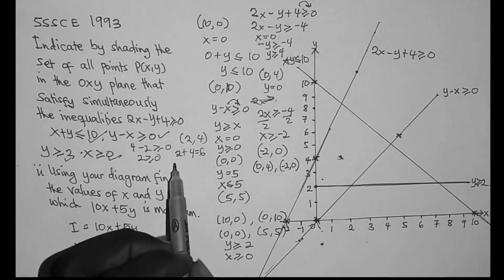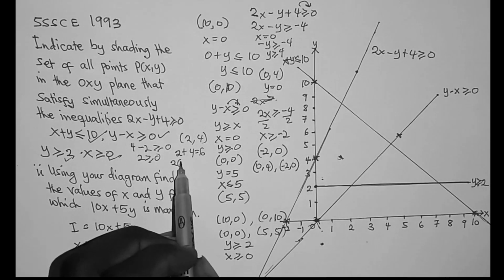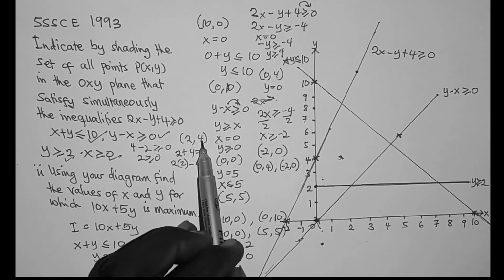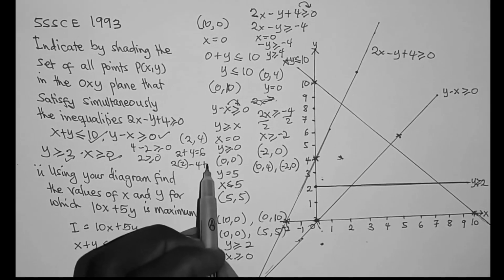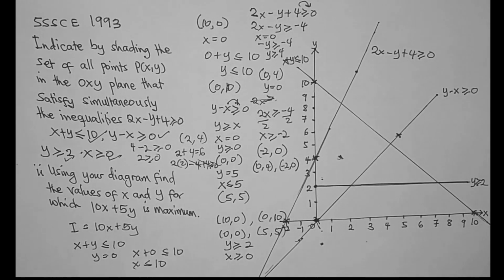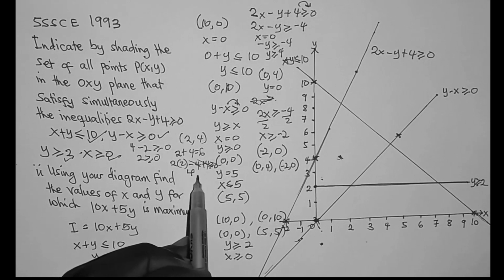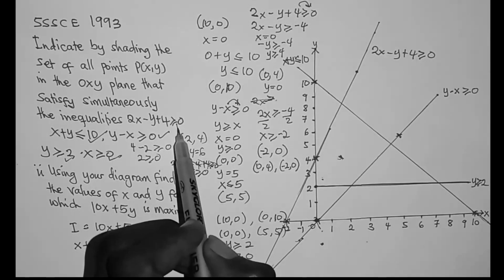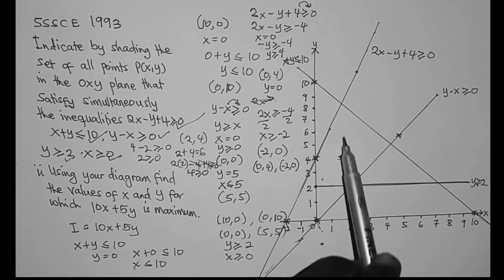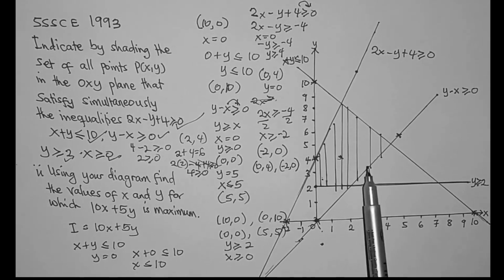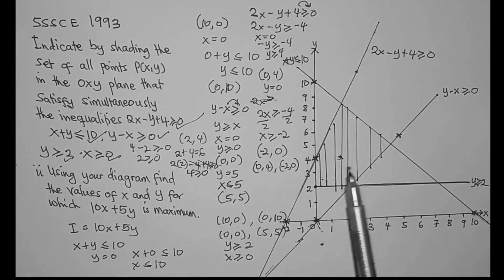So 2 times the value of x is 2, minus 4, that's the value of y, plus 4, is greater or equal to 0. 2 times 2 is 4. Minus 4 plus 4 is 0. And it is true that 4 is greater or equal to 0. And therefore this point also passes this constraint. And therefore you can see that the required region is this region. This is the required region for this graph.